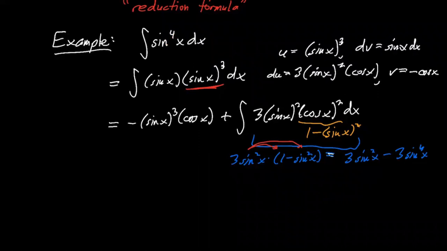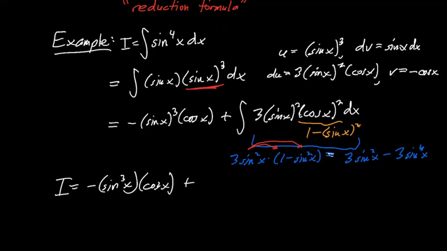So we've got this integral. I'm going to call this I again. It's going to be useful to call this I. So we've shown that I is negative sine cubed x times cosine x plus the integral of 3 sine squared x minus 3 sine to the 4th of x dx.